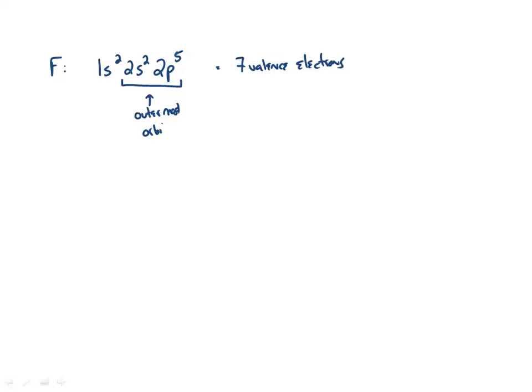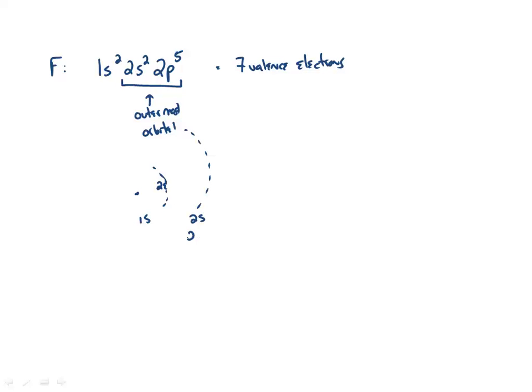Fluorine's the opposite. If we look at it, it's 1s2, 2s2, 2p5. So how many valence electrons does fluorine have? It has 7 valence electrons, meaning this is the outermost orbital, and it has 7. Or if we're looking at that picture, here's my 1s orbital, and it's got 2 electrons.